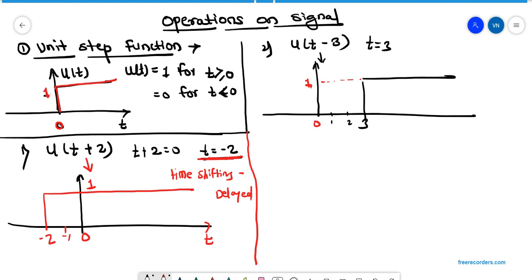So the meaning of this signal is that u of t minus 3 equals 1 for t greater than or equal to 0. So this particular time shifting is called an advanced time shifting, because we are shifting that signal in advance, not in a delayed form. Delayed means we are shifting from minus 2, but here I am shifting the signal from 3 onwards. So it's called advanced time shifting.